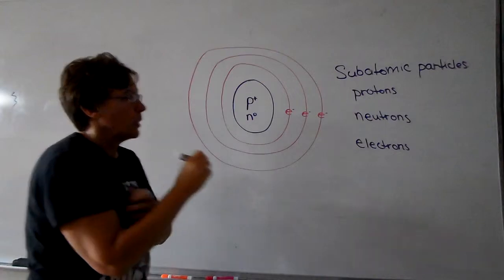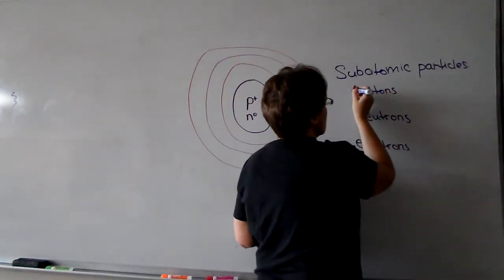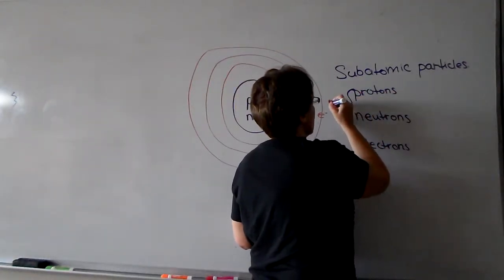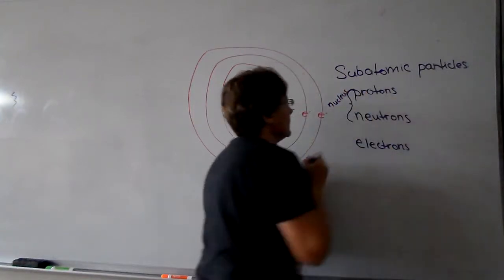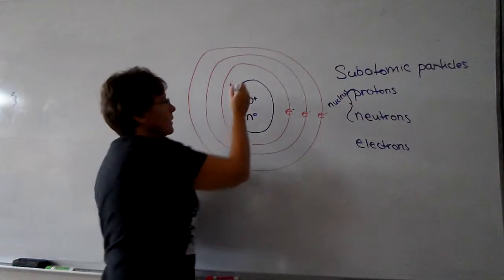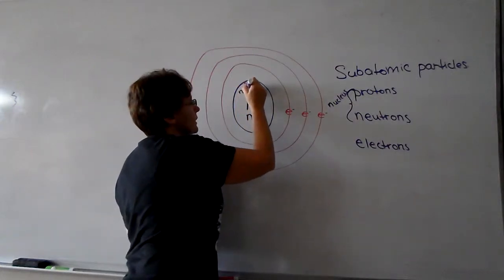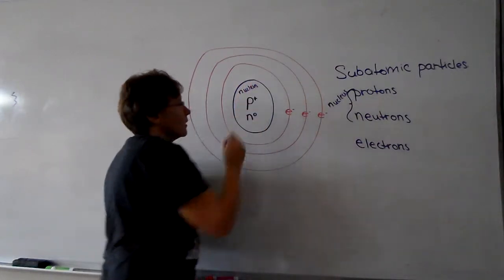Okay? The protons and the neutrons are both located in the center of the atom in the nucleus. Okay?